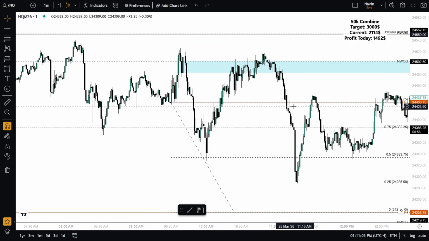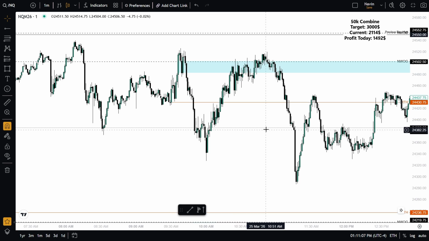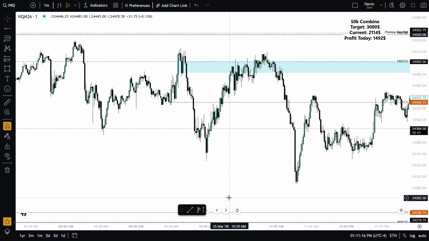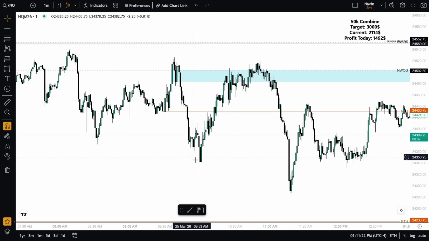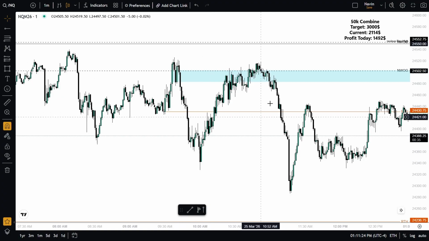So let's have an overview of the trade which I took. I happened to appear after 10:30, so I wasn't able to participate in this price action. Later, I was watching this price action, which is very clumsy and very low volume.